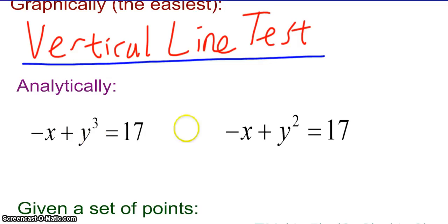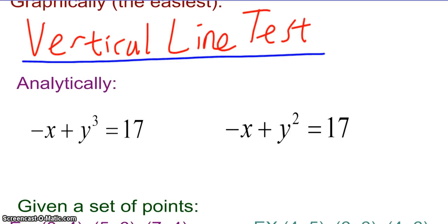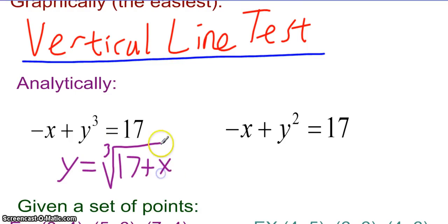So if I solve this, I would add x and take the cube root of both sides, and I end up with y equals the cube root of 17 plus x. And so the key thing to notice is that there will be one y value for any given x value. Therefore, this will be a function.